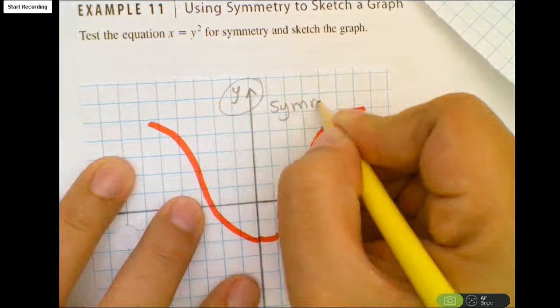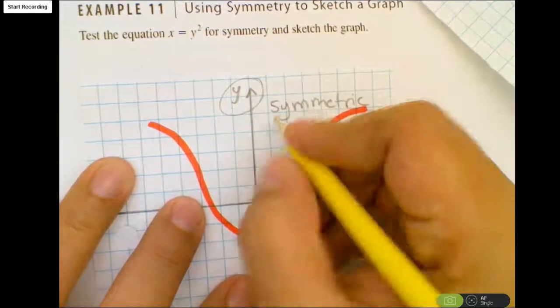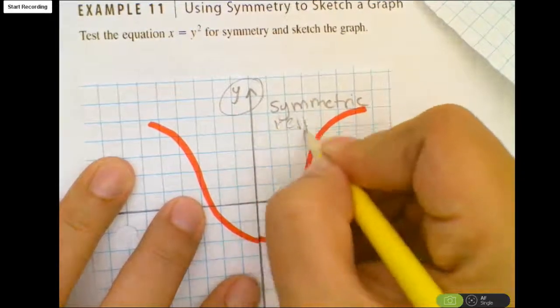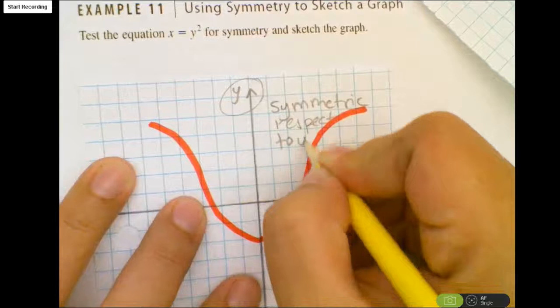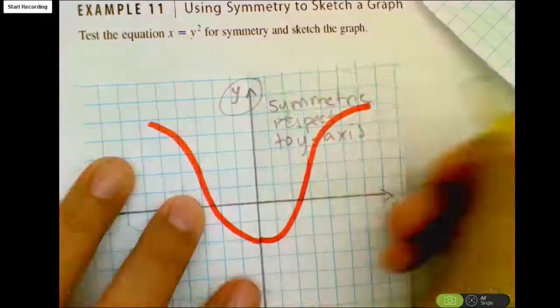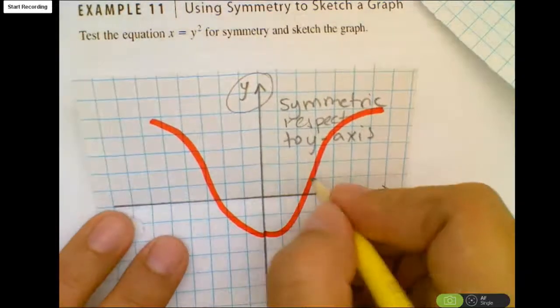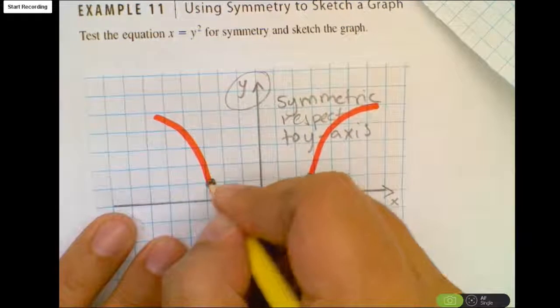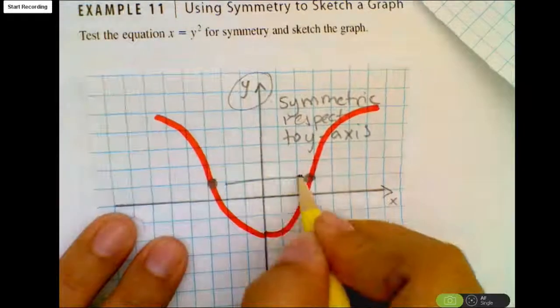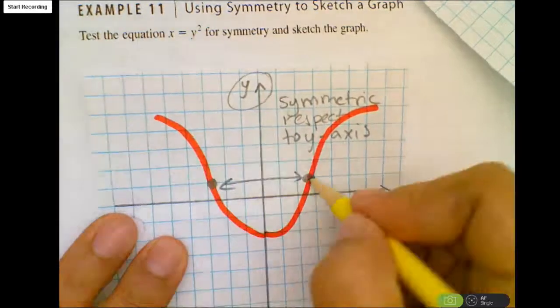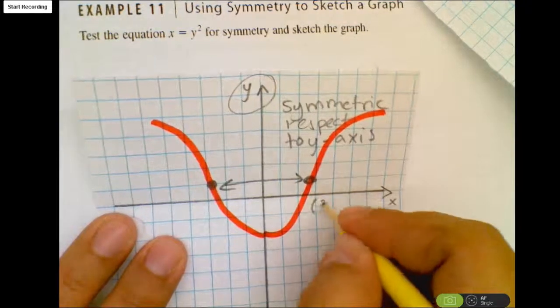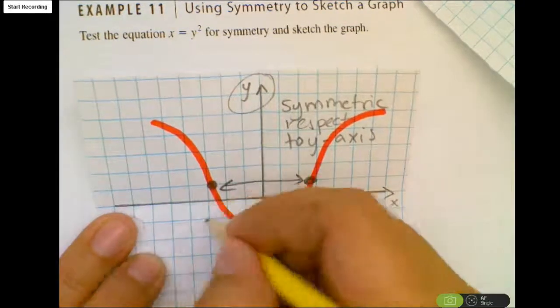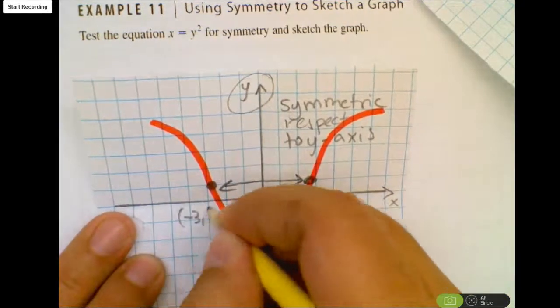So this is the way we will write symmetric with respect to the y-axis. And then let's look at what happens to two corresponding points. If I have this point, the corresponding point over here will be this one. So if the coordinates of this point are, let's say, 3, 1, the coordinates of this point are -3, 1.